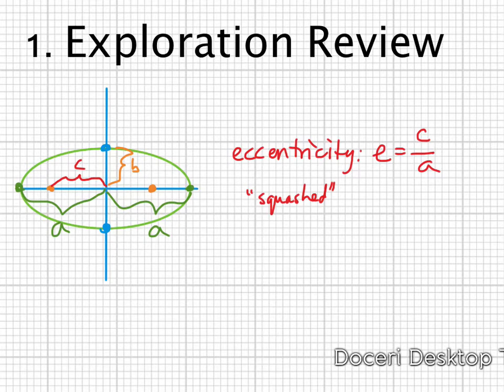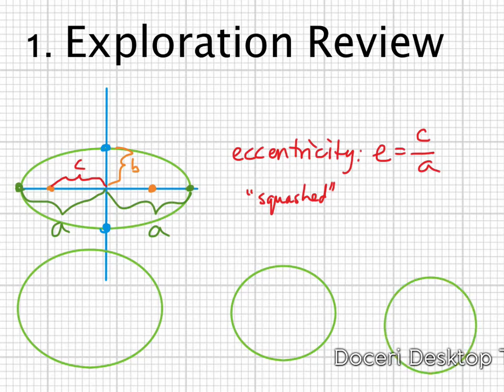In the investigation, we should have redone our ellipses so that they are less and less elliptical and more circular. So you'll notice the closer to a circle they are, the closer the foci become.